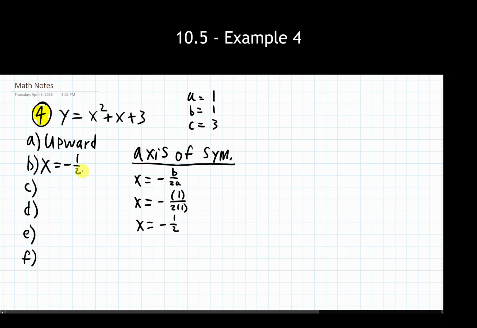And again, the axis of symmetry is also the first half of the vertex, so I can write in negative 1/2 as the first half of my vertex point here.